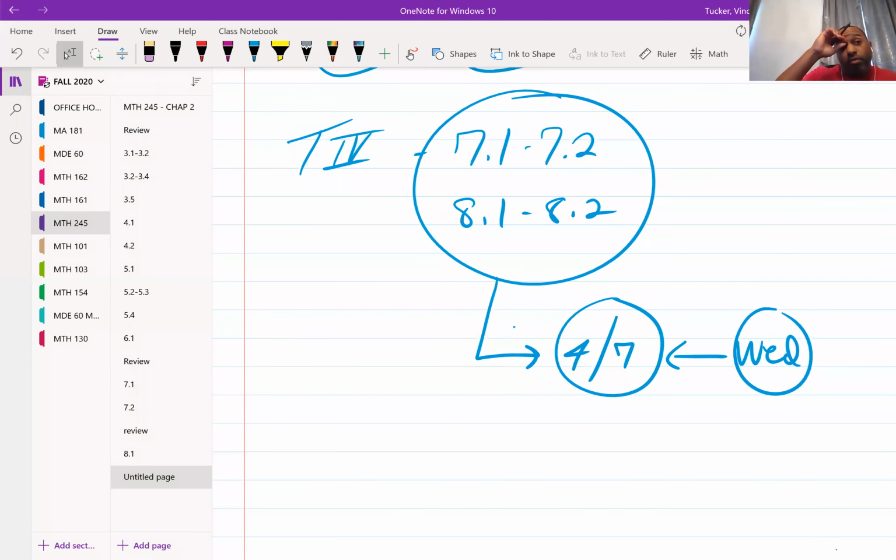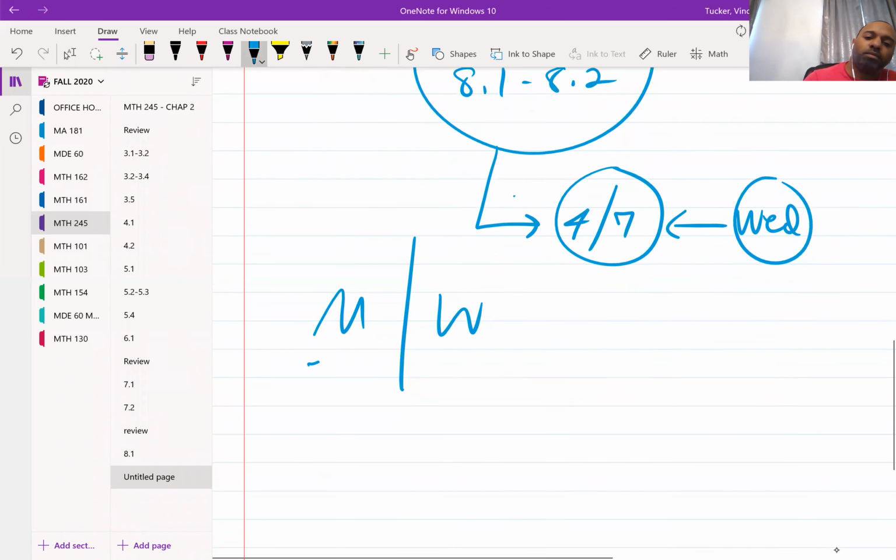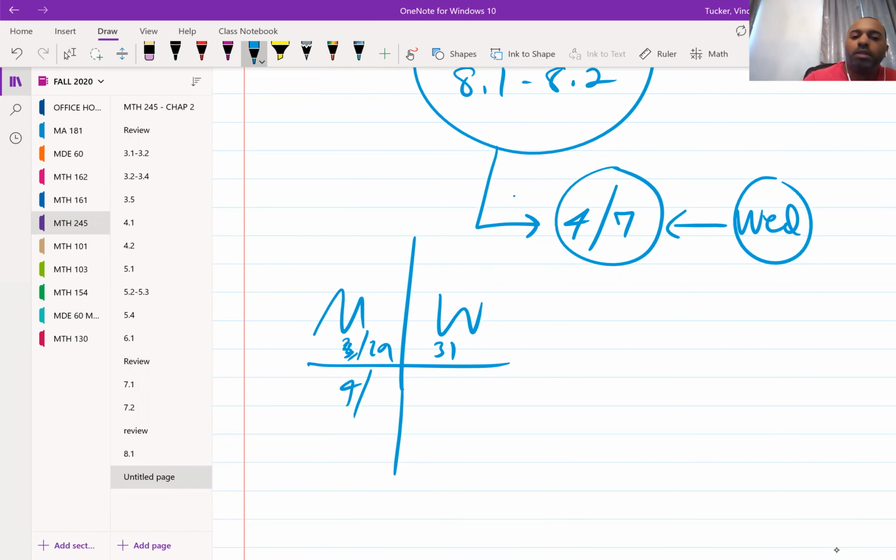So that'll give you, if you're looking at the calendar, today is the 29th, 31st. So this will be the 5th. This would be the 7th.